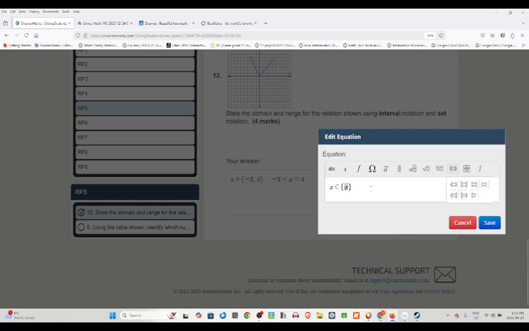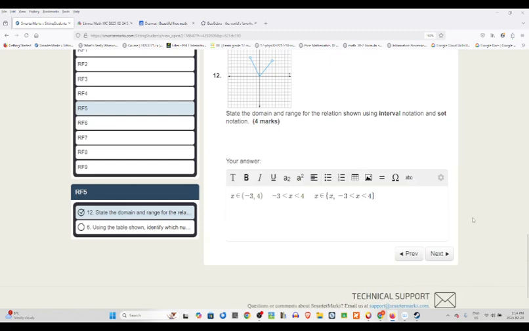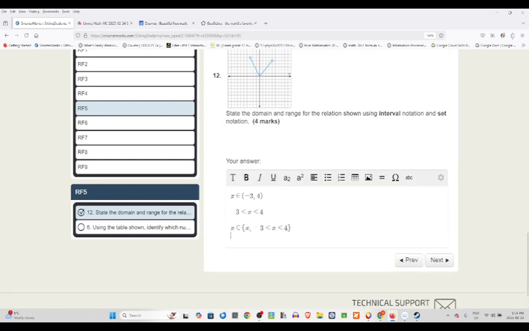Yeah, we got the left brace. We don't have the vertical bar, which is my preferred notation for this. We'll use a comma. So this is the set of all x such that we go from -3 to 4. There's our ways to write the domain.